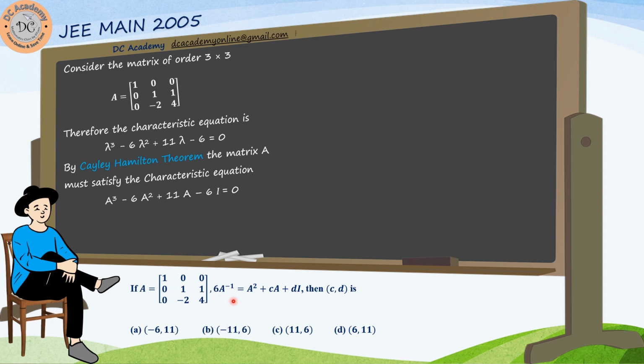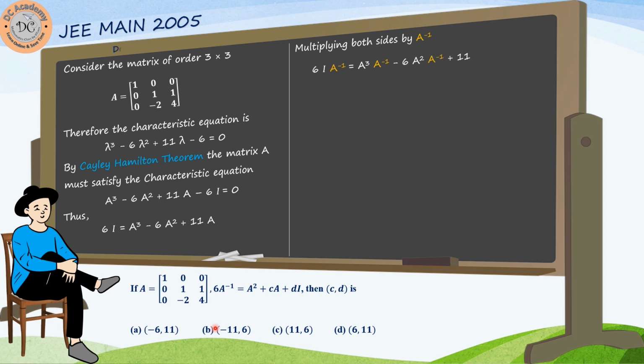See, what we are going to find is 6A inverse. So I rewrite the given matrix equation in such a way that 6I is on the left-hand side and everything else is on the right-hand side. Now as we need to get 6A inverse, we multiply both sides by A inverse. So it becomes 6I A inverse equals A cube A inverse minus 6A square A inverse plus 11A A inverse.